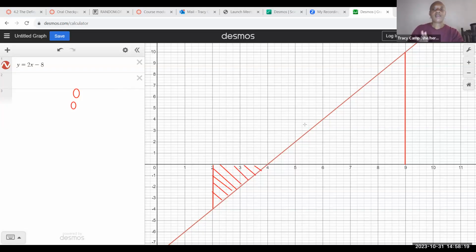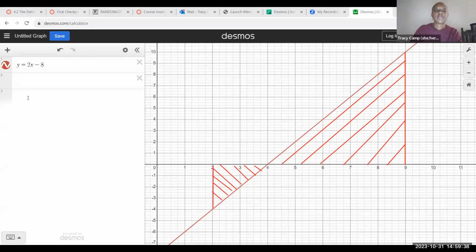And then I also need to find the area of the bigger triangle. So once again, I'm finding the area of the smaller triangle. But when I find that area, I'm going to have to stick a negative in front of it. But let's just first find the area of the smaller triangle.